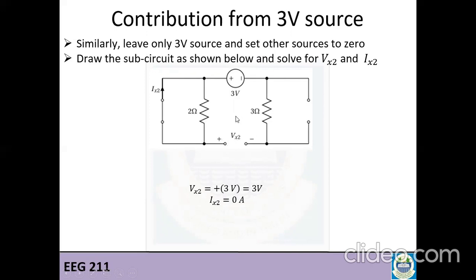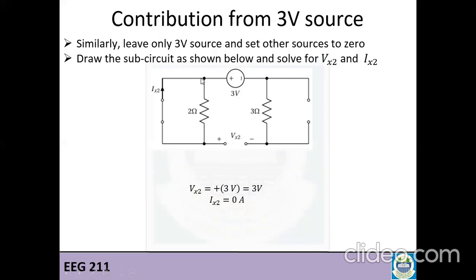By inspection, we can easily see that since here is an open circuit, the voltage Vx2 is just the voltage across the 3 volt independent voltage source. Why? Because no current is going to flow through the 2 ohm resistor and the 3 ohm resistor, so they are redundant there. And Ix2 equals 0, because the current flowing through this branch is 0.